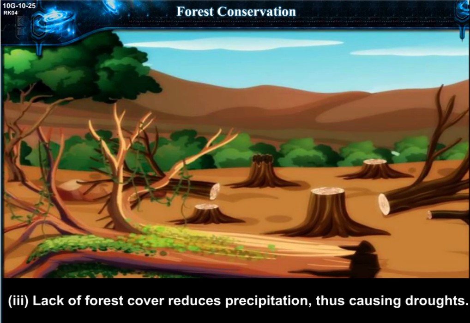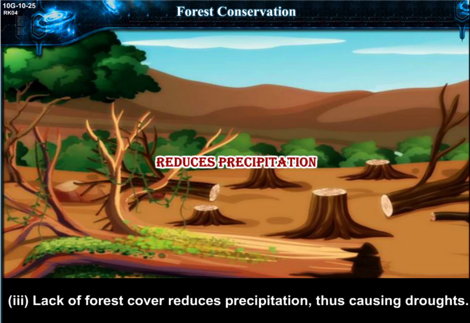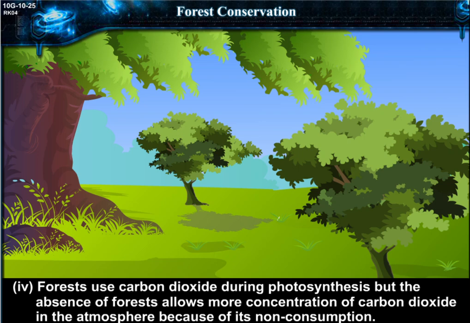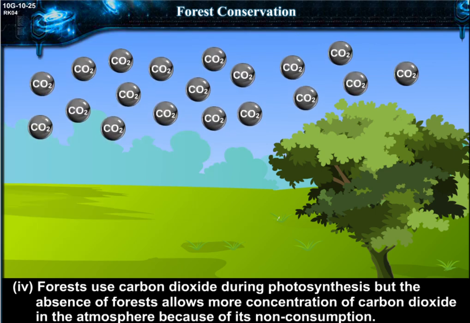Third, lack of forest cover reduces precipitation, thus causing droughts. Fourth, forests use carbon dioxide during photosynthesis, but the absence of forests allows more concentration of carbon dioxide in the atmosphere because of its non-consumption.